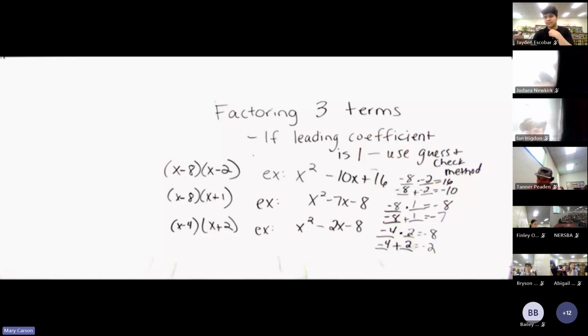All right. So now let's look at factoring trinomials when the leading coefficient is not 1. I'm going to erase this. If everybody's good, everybody got it? All right.